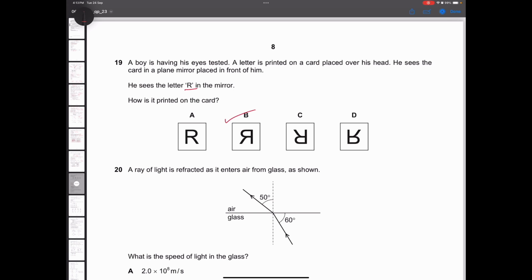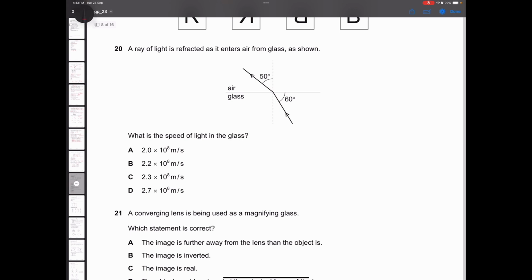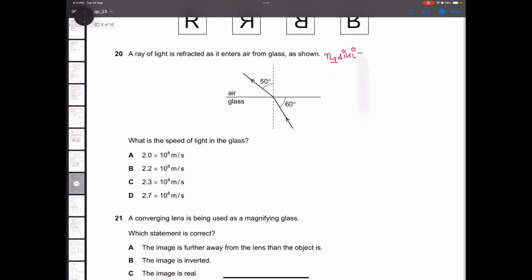Now, next question, question number 20. A ray of light is refracted as it enters air from glass as shown. What is the speed of light in glass? For this, we know some formulas. First of all, let's put Snell's law. N1 sin I equals N2 sin R. And we also know that N1 over N2 equals V2 over V1.